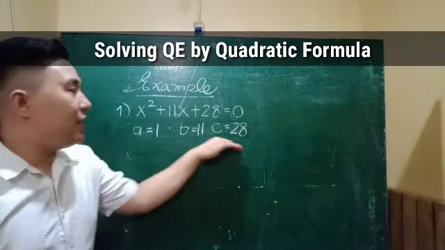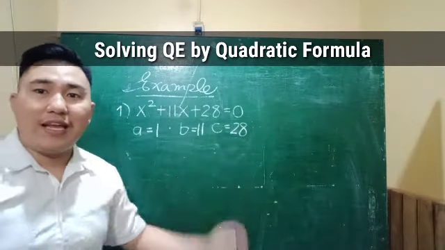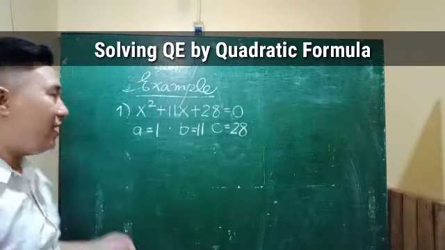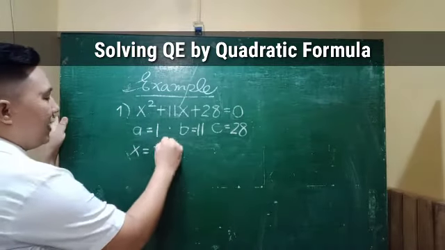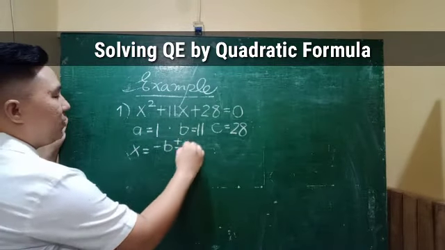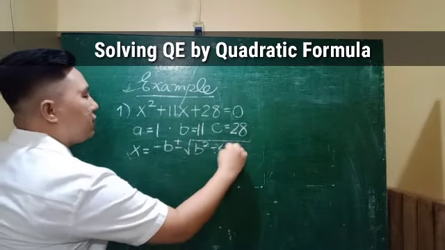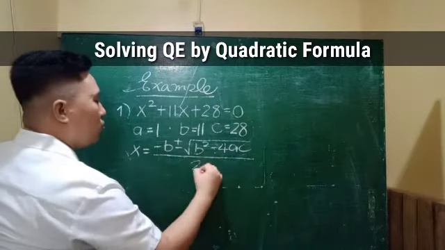So after natin makuha yung values ng a, b, and c, ito ang ilalagay natin sa quadratic formula. So recall mo natin quadratic formula. We have x equals negative b plus and minus square root of b squared minus 4ac all over 2a.